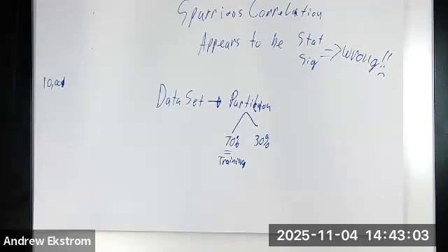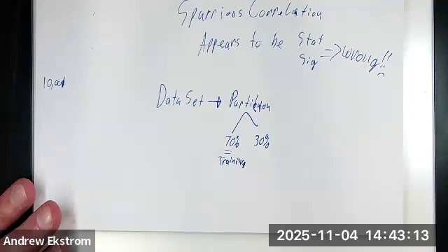So if you have 10,000 rows of data, 7,000 rows are going to go in and create the regression model that we're doing, whether it's a multiple linear regression, logistic regression, or forecasting regressions. I could not care less about that.